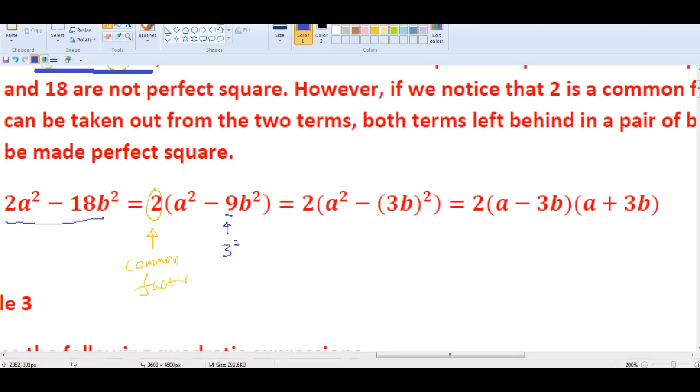So for these two terms, you can factorize them using the difference of two squares.